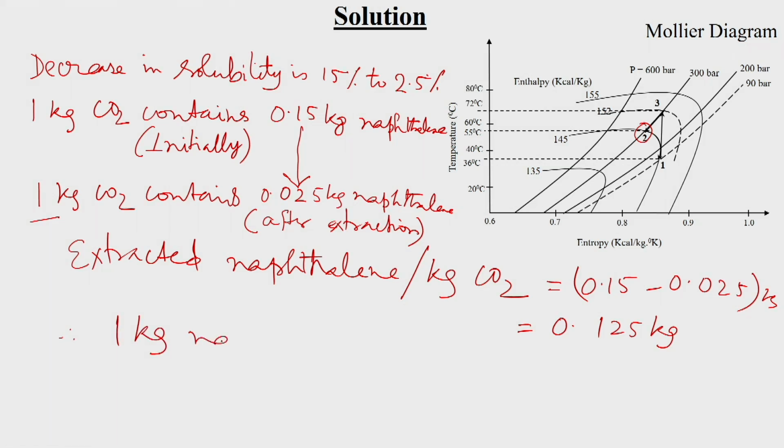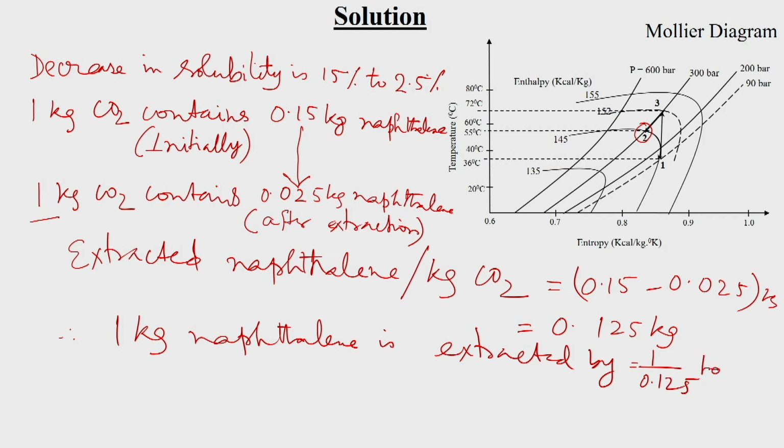Okay. Therefore, 1 kg naphthalene is extracted by 1 by 0.125 kg CO2, that is coming out at 8 kg CO2.